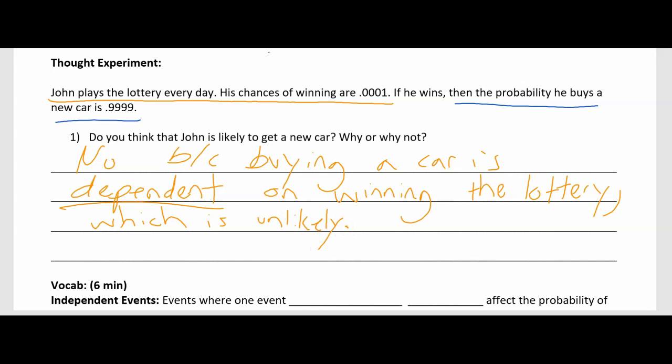And we're not going to quite calculate what the actual probability is here. We will do that later in the lesson. We can just tell that it's small, based on the fact that winning the lottery is a very small probability for John.